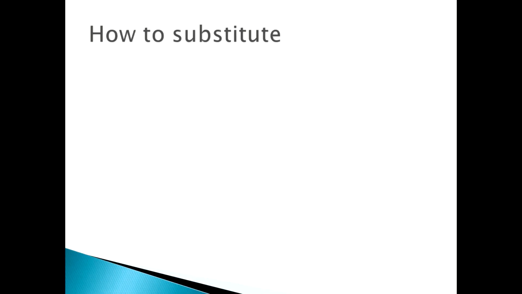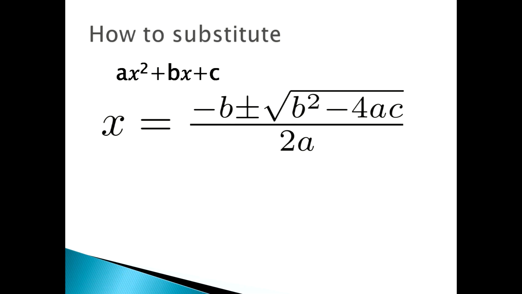How to substitute in values? Again, the general form of a quadratic is ax squared plus bx plus c, and you put it into the formula: x equals minus b plus or minus the square root of b squared minus 4ac, all over 2a. Now we're going to look at the example 2x squared minus 8x plus 10.